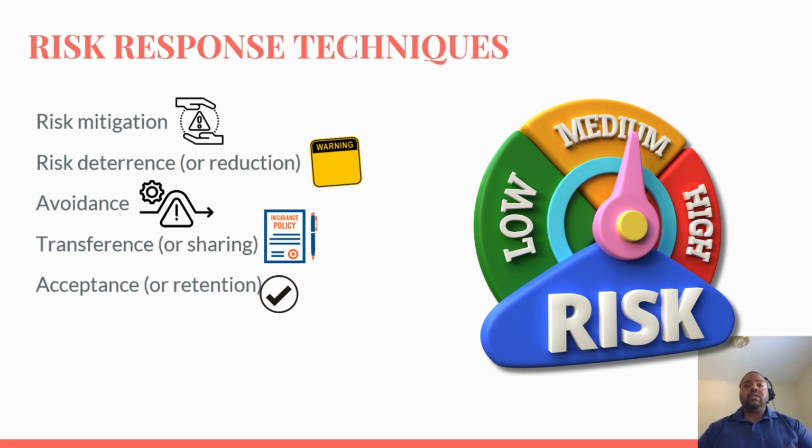Risk transfer is kind of like accepting the risk, but if any damage is done, you can fall back on another company. So think of it as insurance. You have technical insurance where, if any kind of damage comes to your equipment, you can fall back onto an insurance company to replace the equipment.